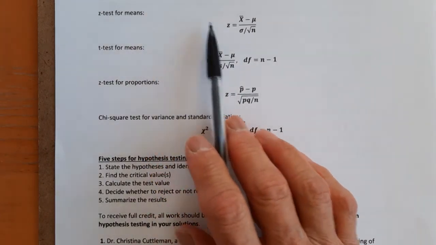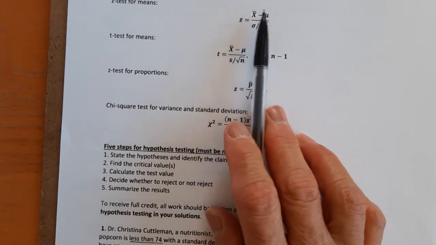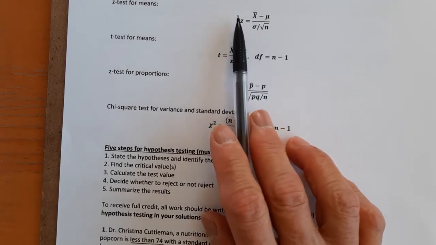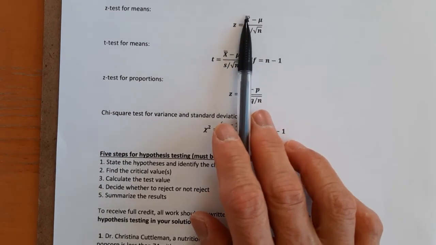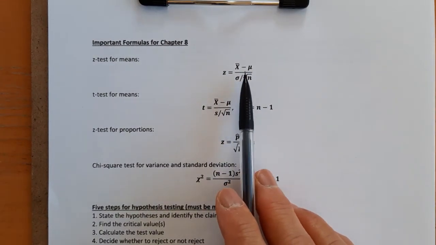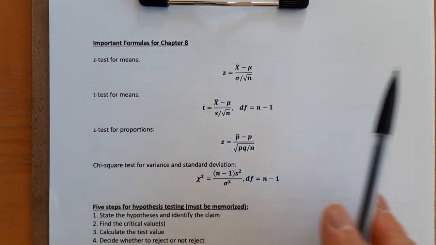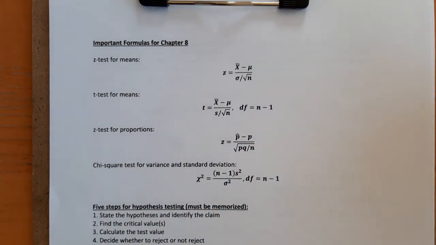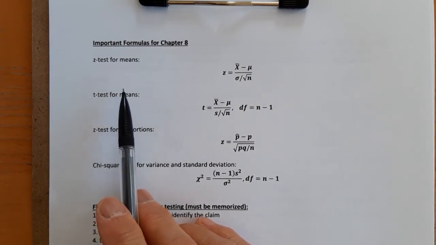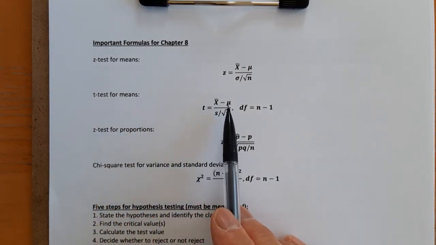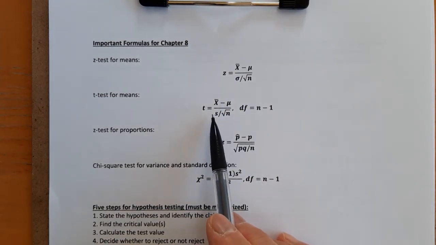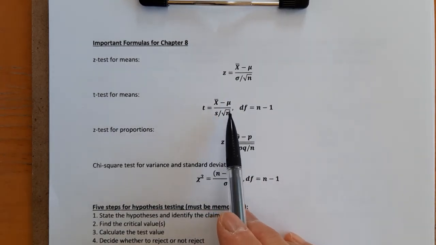Z-test for the mean. This is a sample test score: x bar, sample mean, minus population mean, over standard deviation over square root of n. The t-test for the mean is x bar minus mean, sigma unknown, use s, the sample standard deviation, over square root of n.